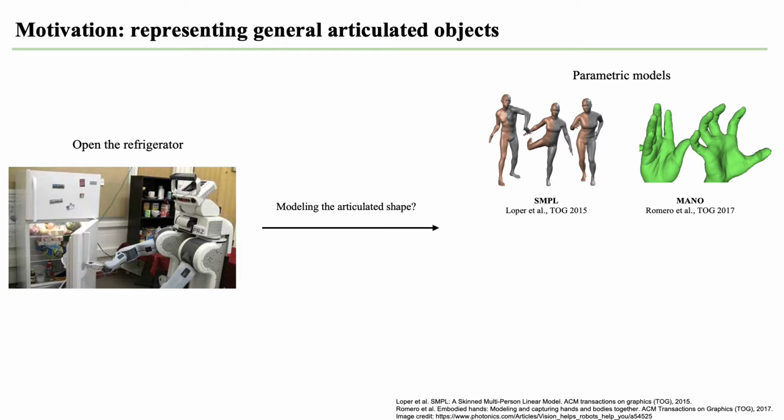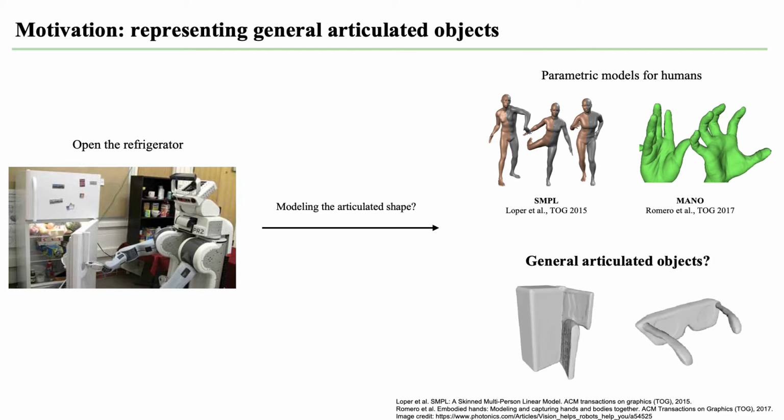Therefore, it's hard to generalize this approach to large-scale object categories. Compared to modeling humans, modeling general daily articulated objects has received less attention. So in this work, we try to answer the question, what's a suitable representation for general daily articulated objects?